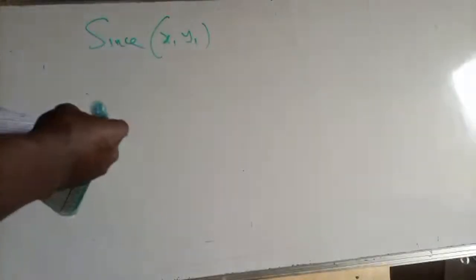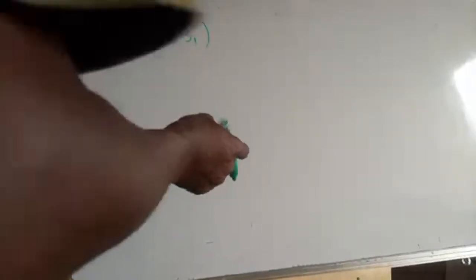Since the product of the gradients of the tangent and normal must be equal to -1, and since (x1, y1) lies on the curve, y1 squared equals 4ax1.